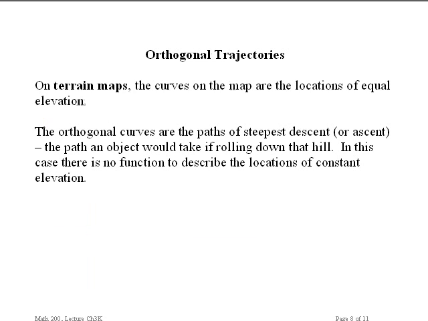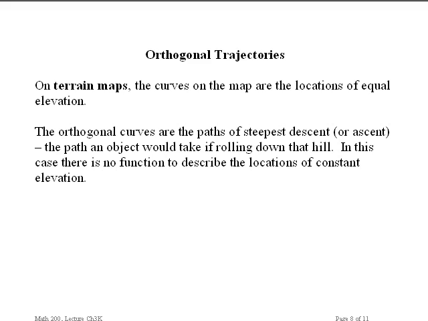Orthogonal trajectories occur in particle physics. I hope some of you are going into physics. So you use them a lot in particle physics, this idea. In a rather everyday sense, they have to do with terrain maps. On a terrain map, the curves on the maps are locations of equal elevation.